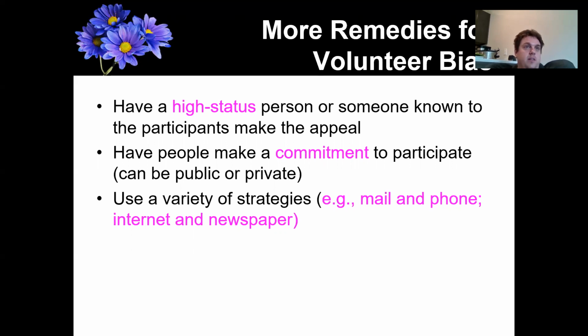So if they sign up for it, commit to it, rather than just making a decision on the spot, that can help. And also using a variety of strategies. An example is if you send them an email and then also call them, or send them an email asking if they want to participate, or just to think about it, and then call them a couple of weeks later when it is actually time to sign up, that can be a good strategy as well.